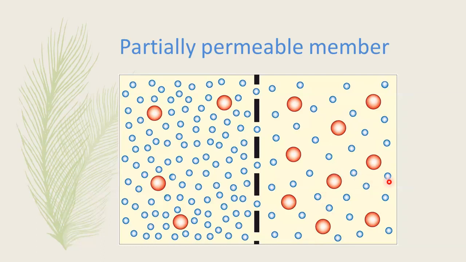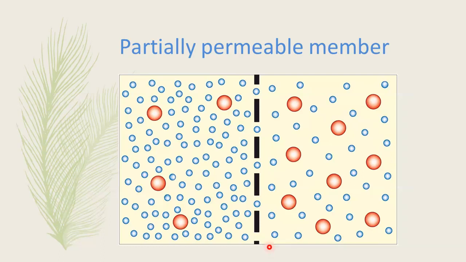They are allowing water molecules and blocking the sugar molecules from passing through. So this membrane is partially permeable. It partly allows water molecules and stops the rest of the molecules.